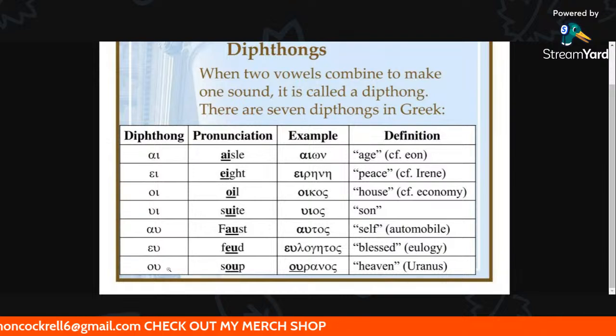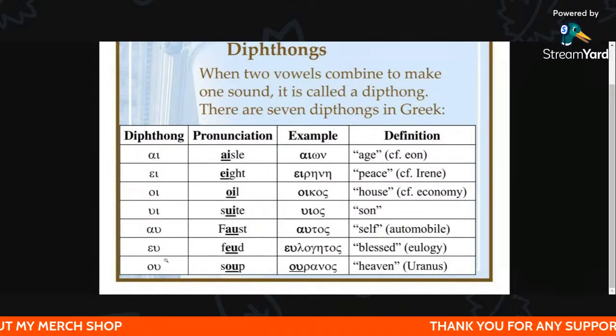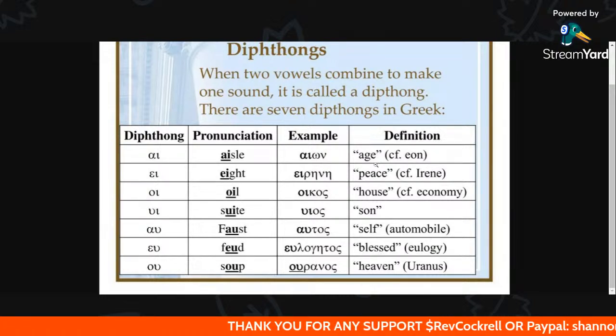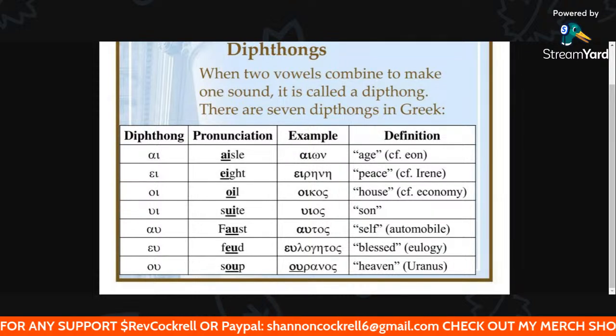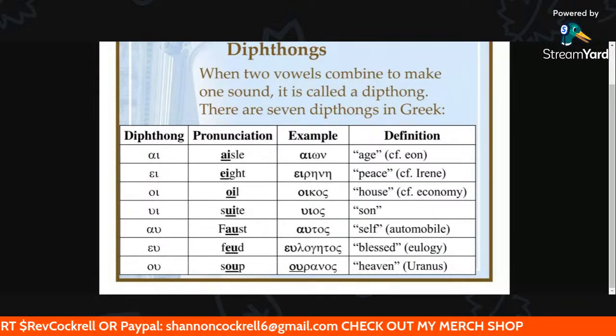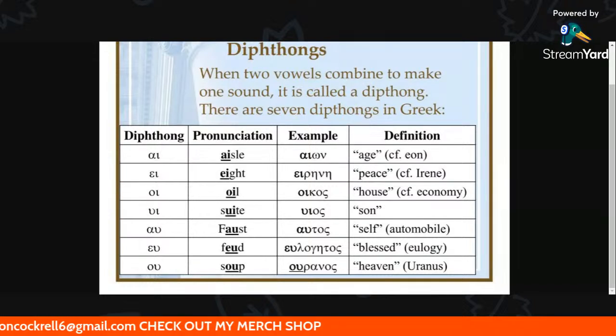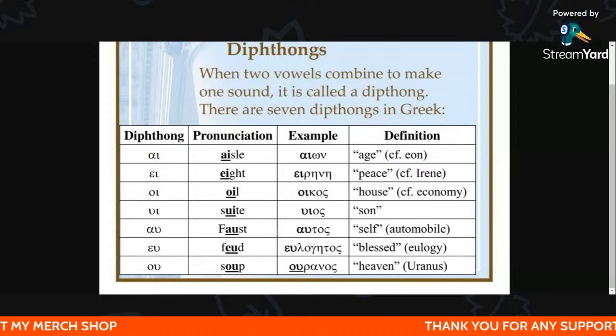And then omicron upsilon, soup, ouranos, heaven. So you want to learn those diphthongs as well. Very, very important that you learn those.